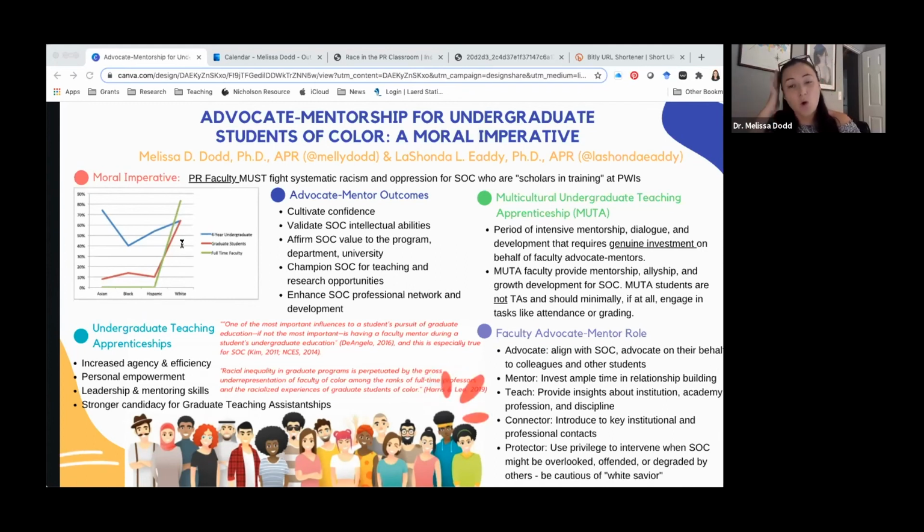The program was mentorship focused, but it was not focused on students of color or the moral imperative that we're discussing today. The program faculty received it well, but there was a lot of discussion about what an undergraduate teaching apprentice was versus assistant.